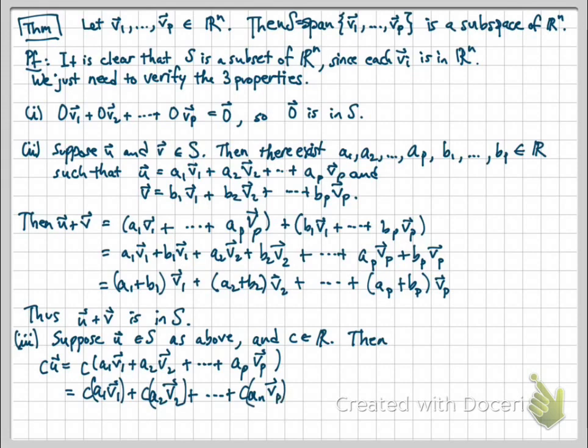In particular, it distributes over vector addition, and I can regroup. And so I see that c times u is a linear combination of v1 up to vp. And so therefore c times u is an element of S. And since I've shown properties 1, 2, and 3, that S satisfies those properties, by definition S is a subspace of Rn.